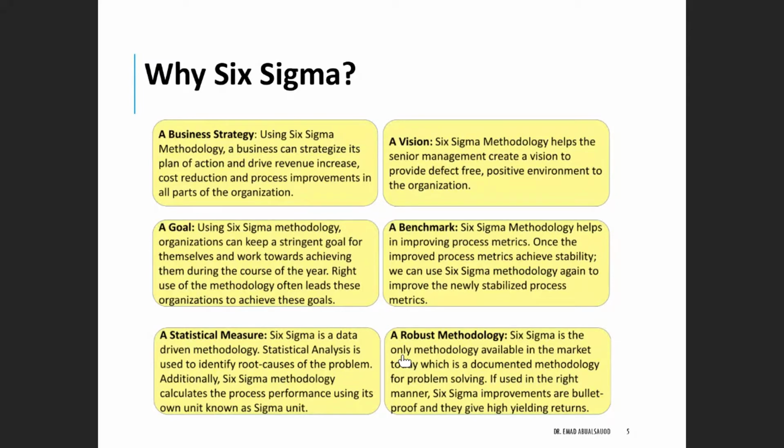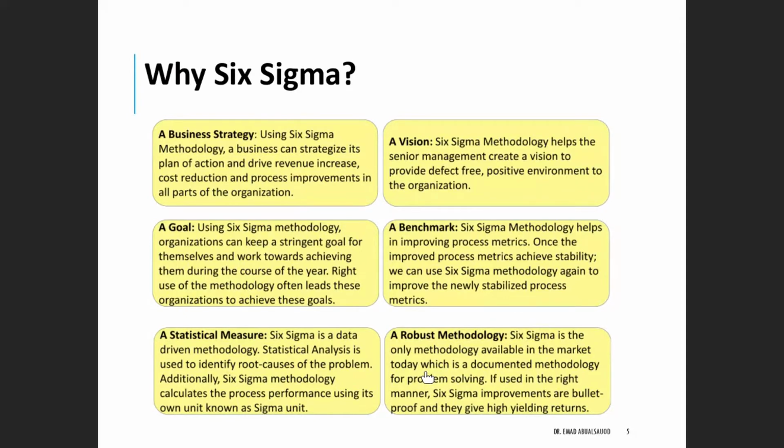So that's why the Six Sigma improvement methodology, if it's used in the right manner, and this is the important point, if it's used in the right manner, they can consider it bulletproof and highly yielding returns. So it can give very good results, and also keep sustaining and maintaining the improvement over and over, because you documented the project and the work, so you can return to it and continue the improvement.